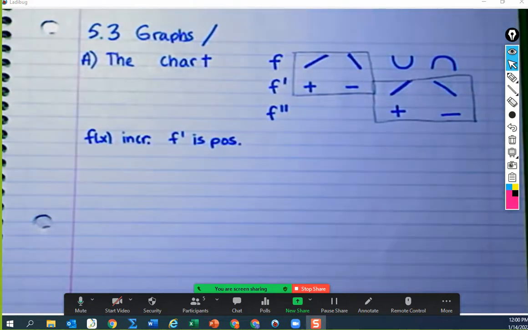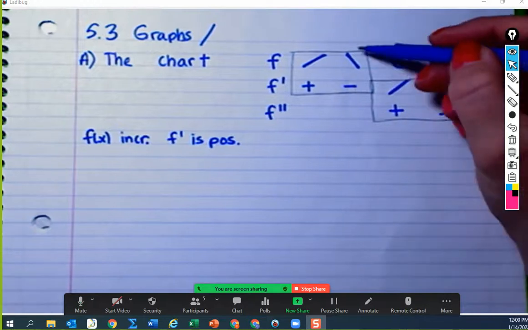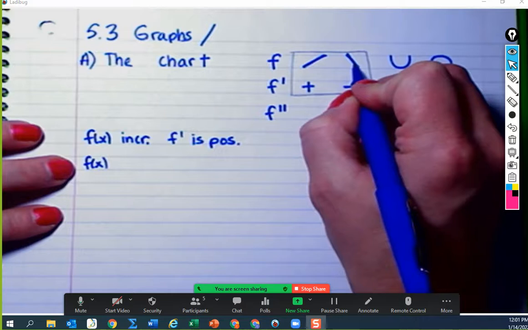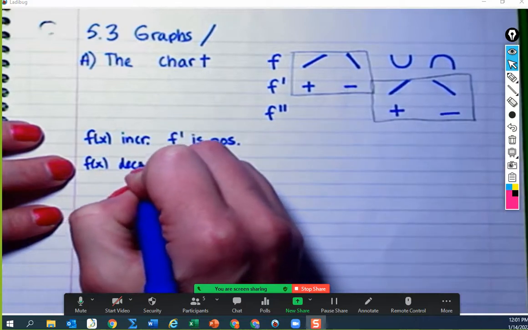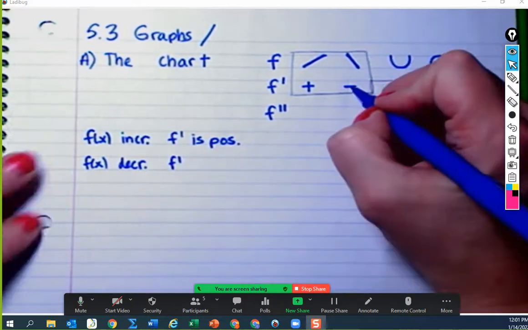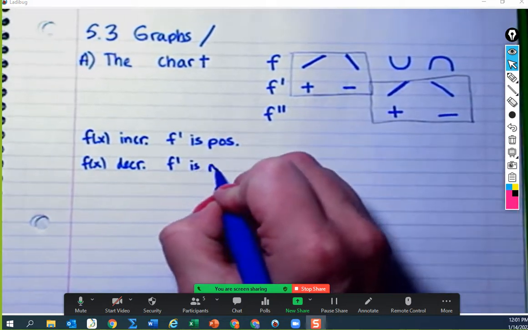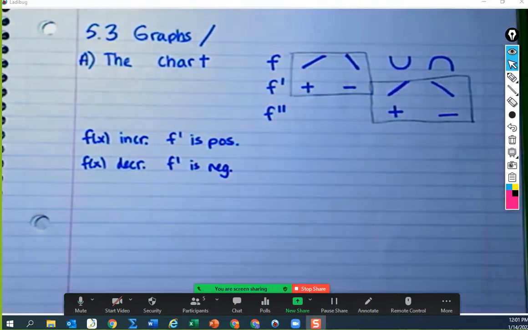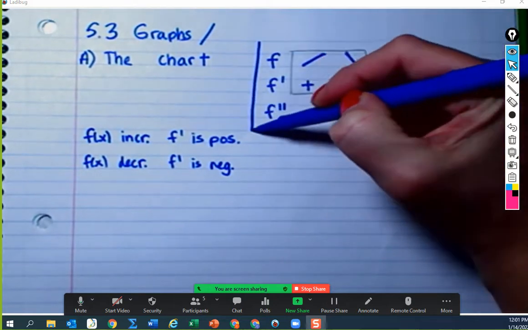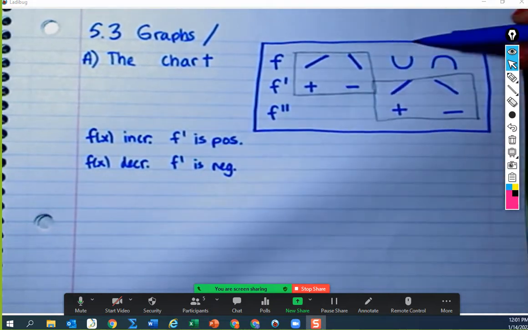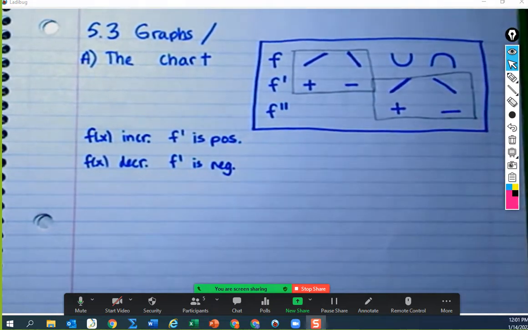Okay, so now I'm going to do column 2. F of x is decreasing. F prime, I'm going straight down, is negative. Because if you can remember to write the chart, then you don't have to memorize those sentences. It kind of just organizes it for you.